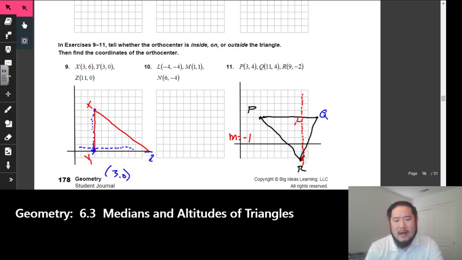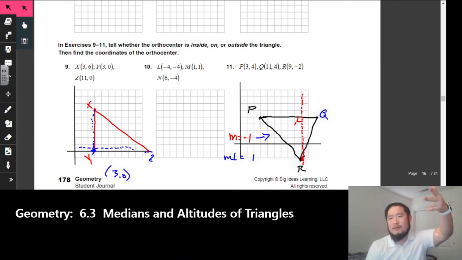I know that this slope is -1, right? That means the perpendicular slope is going to be the negative reciprocal of it, which is going to be +1. The reciprocal of -1 is 1 over 1, and then one is positive, the other is negative.